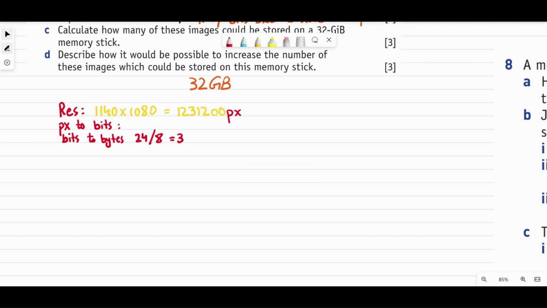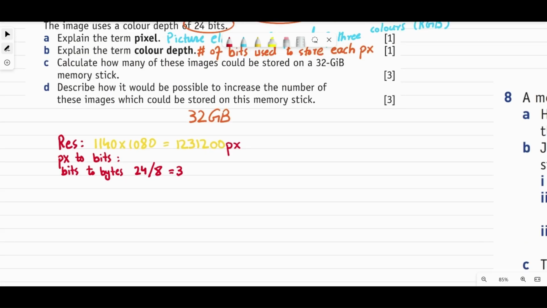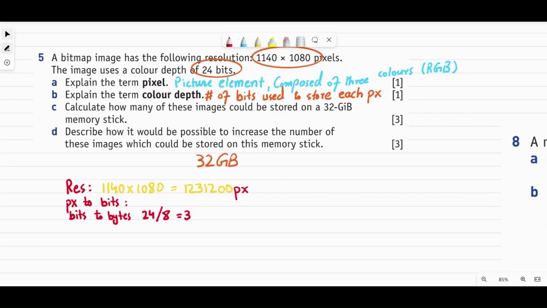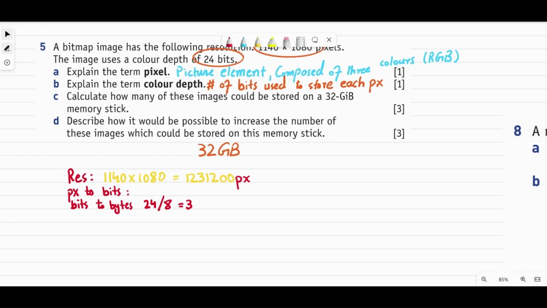Now instead of multiplying 24 bits in step number 2, we're going to just multiply with the 3 to directly get the answer into bytes. So I have performed the third step before step 2 to get an easy working that we could do manually without calculator.